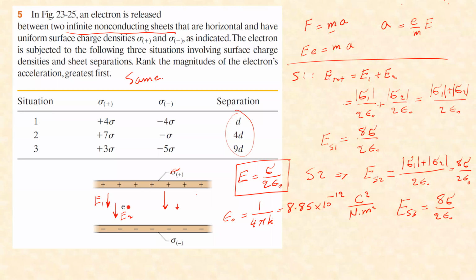For the third one, the first one is smaller and the other one is bigger. So this is 7 and 1, this is 3 and 5, this is 4 and 4. Right? It makes sense? Yep. All right.